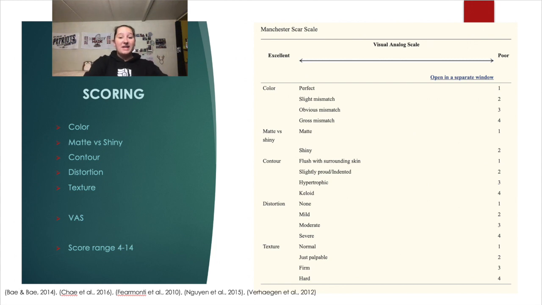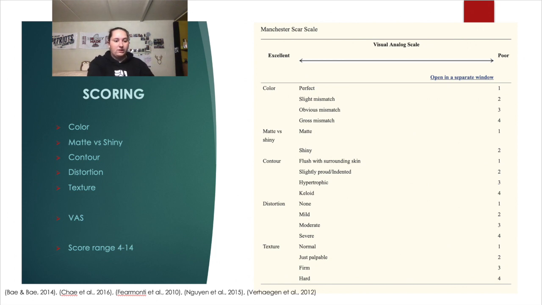So for the scoring of the Manchester Scar Scale, you can see in the box at the top right the visual analog scale of excellent to poor. The Manchester Scar Scale itself takes into account color, which they give a range of 1 to 4, 1 being perfect, 2 a slight mismatch in normative color, 3 an obvious mismatch, and a score of 4 would be a gross mismatch from the normative color of the skin or that anatomical area compared to the rest of the body.